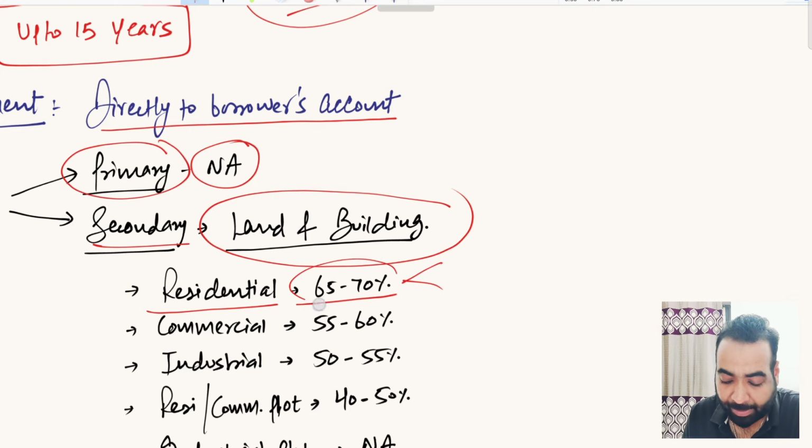So the norms can vary on a case-to-case basis. If the banks feel that it will be hard to sell off the residential property in future, because of its marketability and saleability, then they will not give you 65% or 70%. They can even reduce that percentage. They may allow you only 55% or 60% of the residential property value as a loan, right?